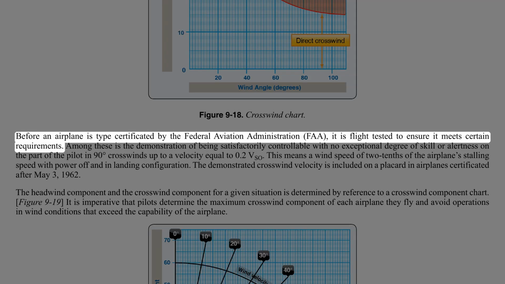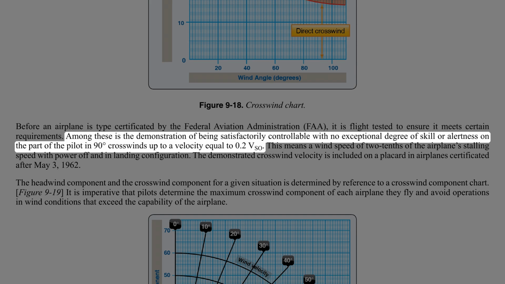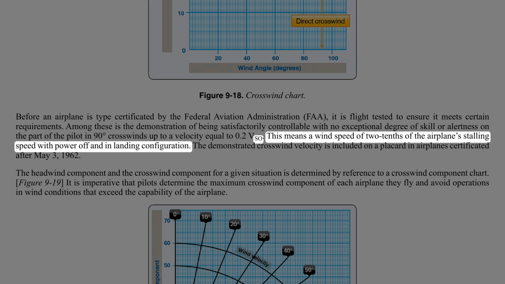Before an airplane is type certificated by the Federal Aviation Administration, FAA, it is flight tested to ensure it meets certain requirements. Among these is the demonstration of being satisfactorily controllable with no exceptional degree of skill or alertness on the part of the pilot in 90 degree crosswinds up to a velocity equal to 0.2 V_SO. This means a wind speed of 2/10 of the airplane's stalling speed with power off and in landing configuration.